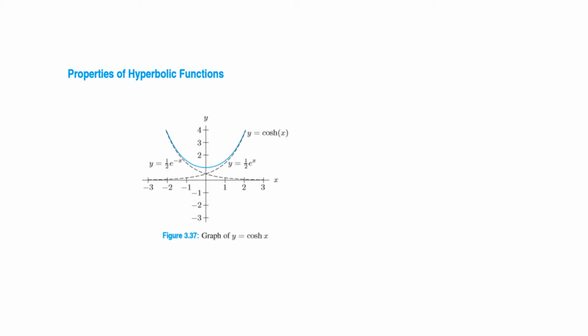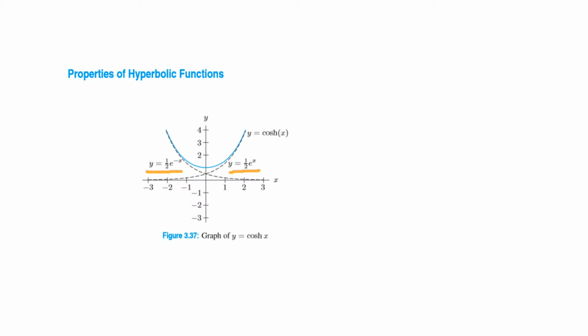So how can I graph those two equations? First off, we have to write two separate equations from the original hyperbolic cosine of x equation, so that we separate it into these two equations.